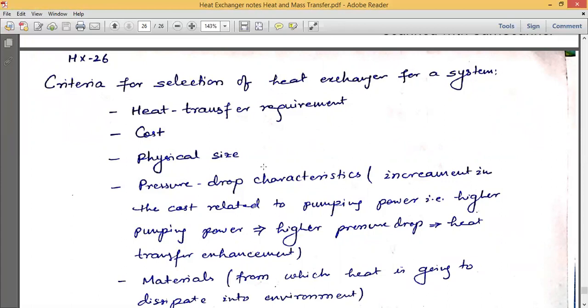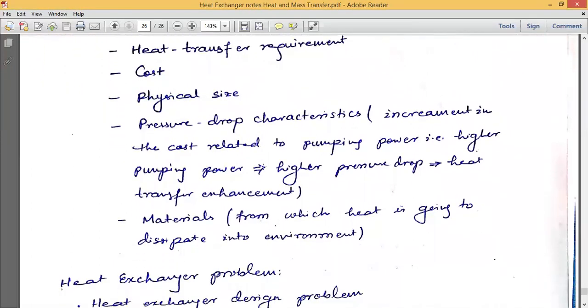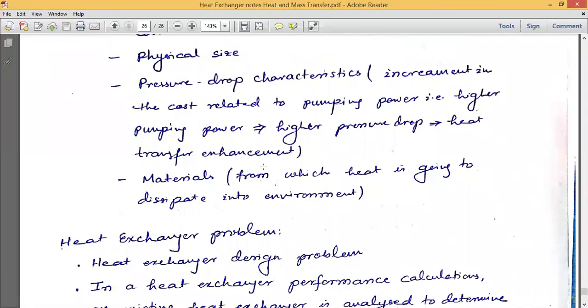The pressure drop directly affects the pumping power. That means the higher the pressure drop, the higher the pumping power you need to supply. Also the materials: if you choose different materials, different materials have different capacity to dissipate heat into the environment.